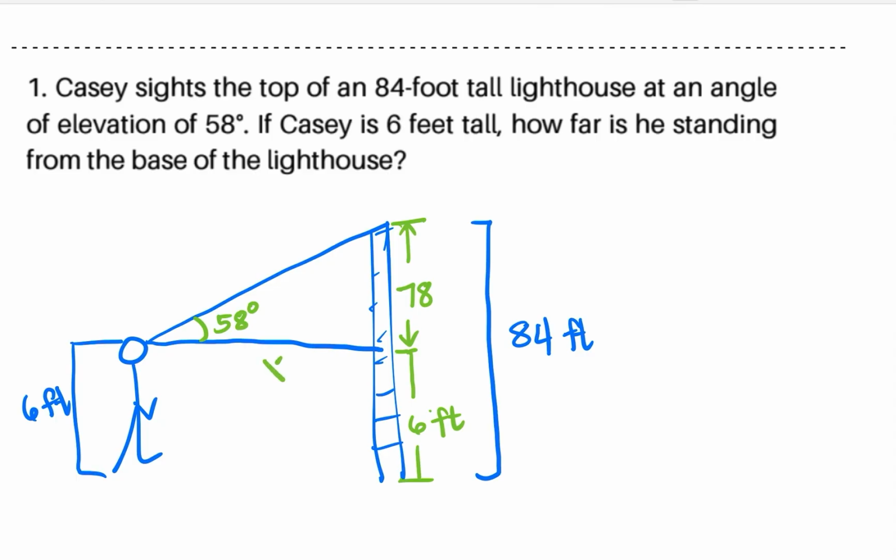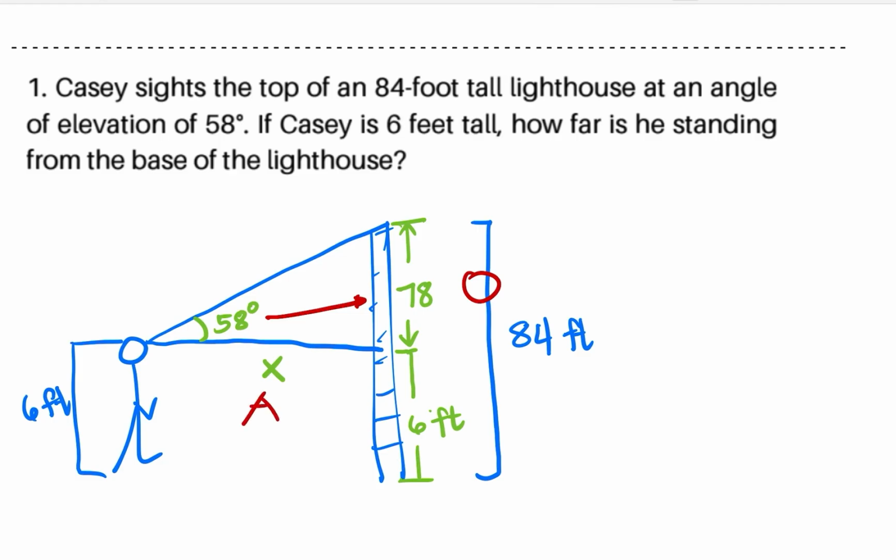This side is going to be the unknown because that represents how far Casey is from the base of the lighthouse. So we're going to label the information that we have based off the angle of elevation. So 78 represents the opposite, this is O, and x represents the adjacent.